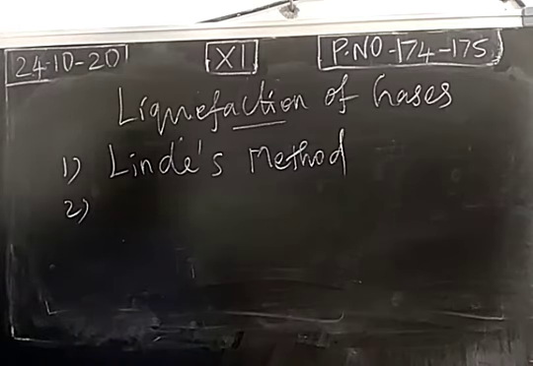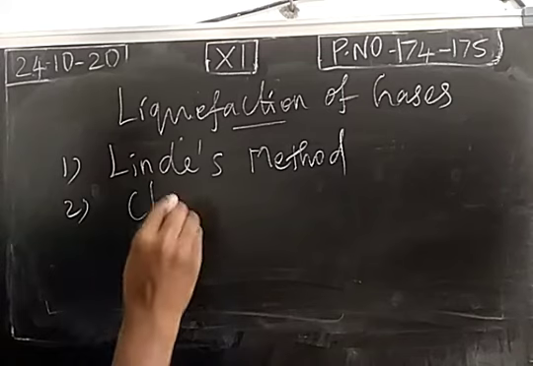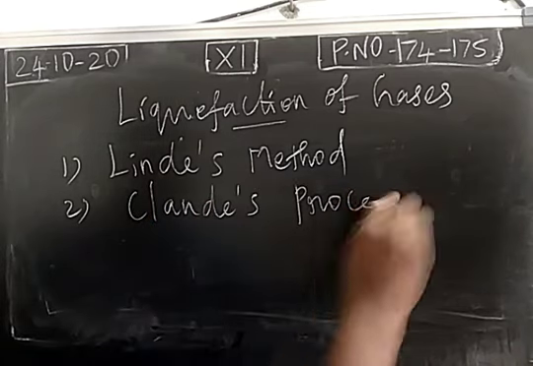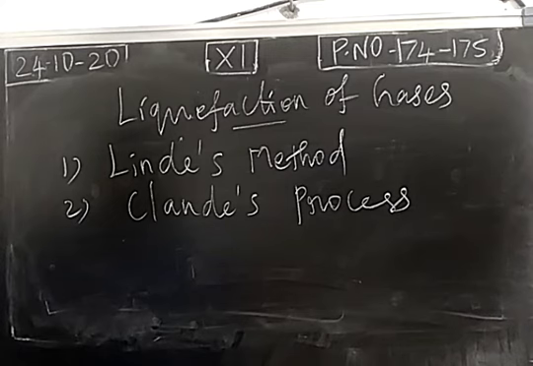Next, what is the principle in Claude's process? This is also a scientist's name, Claude's process. So here two processes will take place. One is the Joule-Thomson effect, another one is conversion of a gas into mechanical work. So the gas is allowed to do mechanical work, right? For example, steam. When steam is passed through a turbine, it can be converted into mechanical work.